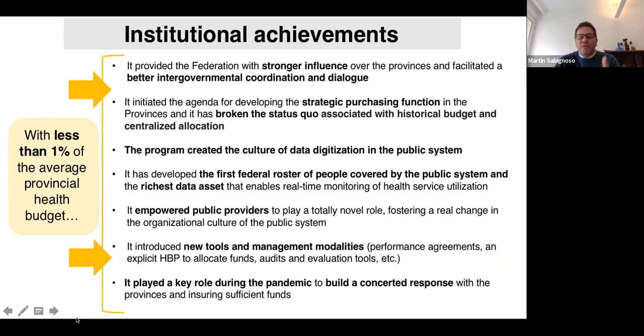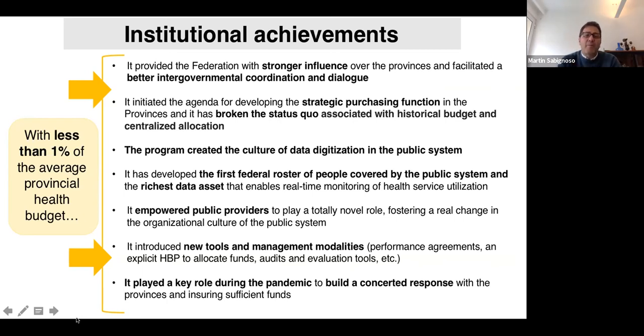So continuing with these contributions, the program has created a culture of data digitization in the public system. It has developed the first federal roster of people covered by the public system, and it is the richest data asset that enables real-time monitoring of health service utilization at the provinces, at the municipalities, and at the facility.